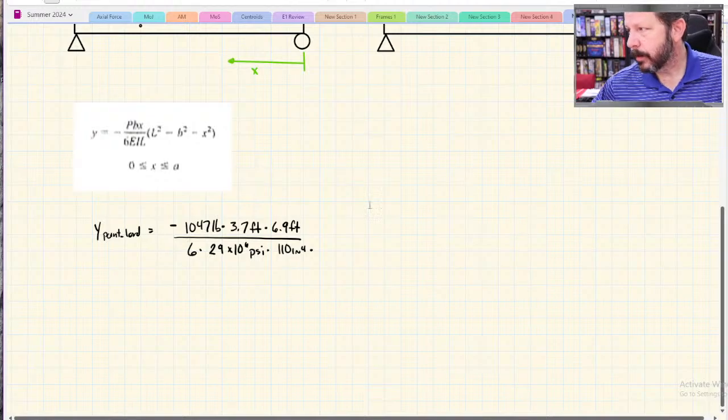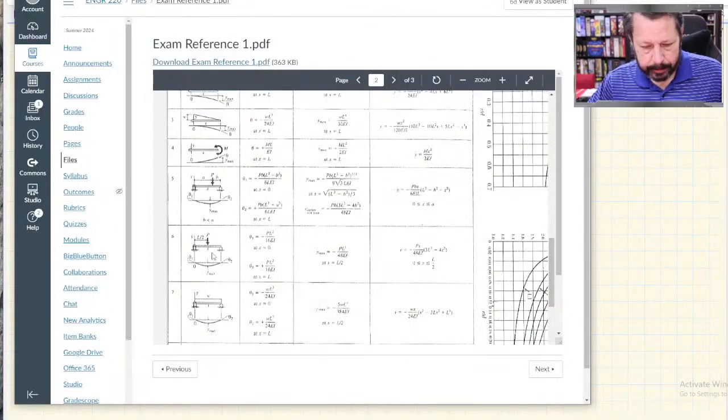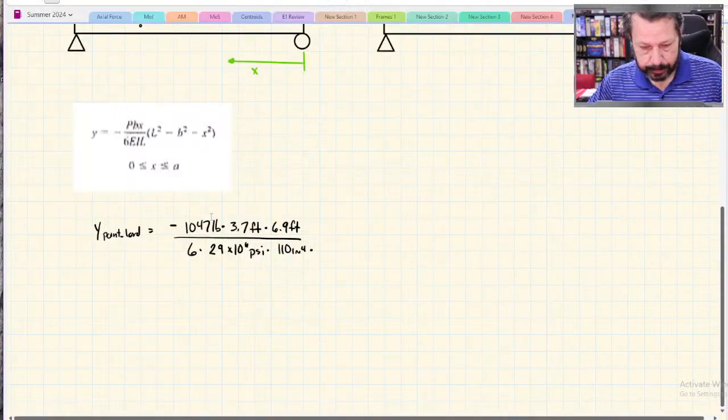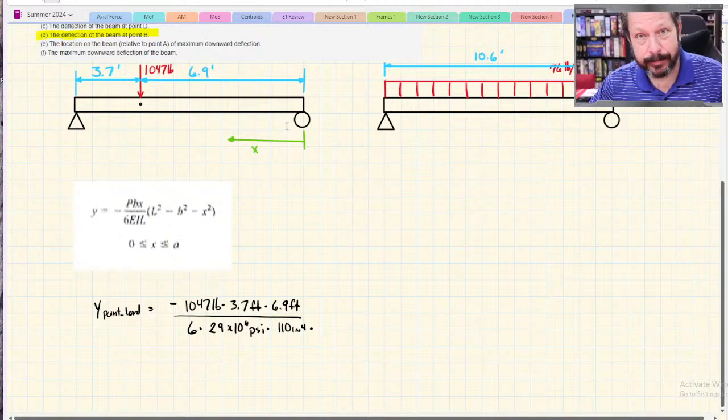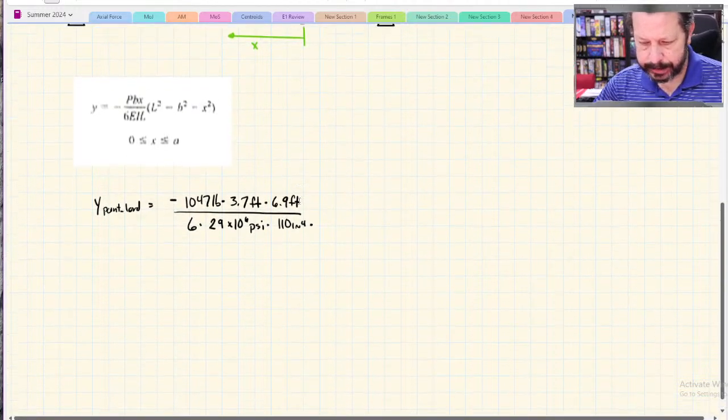L is another one that could be tricky. L is the length of what's shown in your picture here, so it's only the distance between the pin and roller, only the 10.6. That's one reason I drew these as simply supported beams, because for this question, the cantilever section isn't doing anything. So this is 10.6 feet.